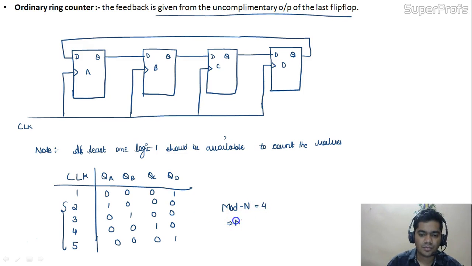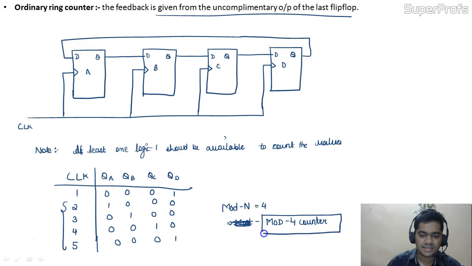So it is a mod 4 counter. Okay, so it would have 4 different states available, that is 0, 0, 0, 1, 1, 0, 0, 0, 0, 1, 0, 0 and 0, 0, 1, 0, because after this state we are getting our initial state, that is 0, 0, 0, 1. So by using an ordinary ring counter, we are able to count 4 clock pulses.